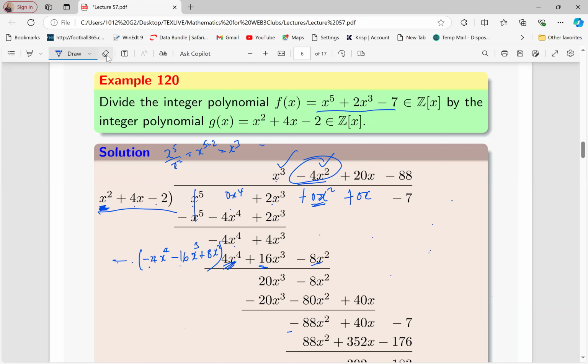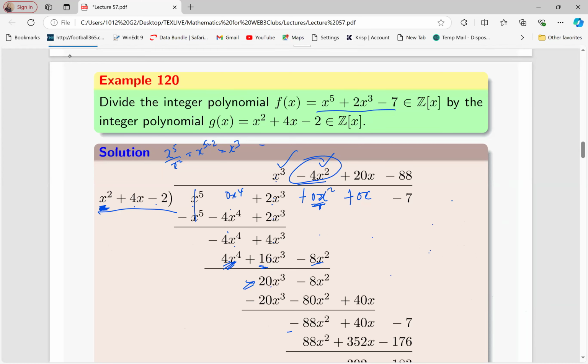So now you just add the results. You don't need to subtract, because we've already taken care of that minus sign. Now we just add this and that gives you 0. This and that gives you 20. Then this 8x squared plus this 0 here gives you this.